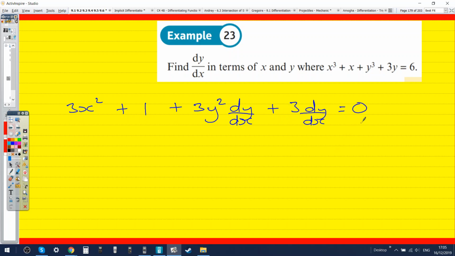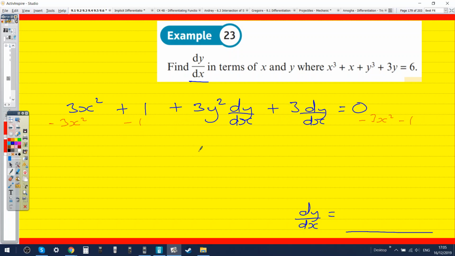So you have done it. That works. That's great. They want dy by dx. Quite useful to have. So what that means is you have to get dy by dx on one side and then everything else on the other side. So first you subtract 3x squared plus 1, like you just minus both of them. Yeah. And then you have to factorize out dy by dx.